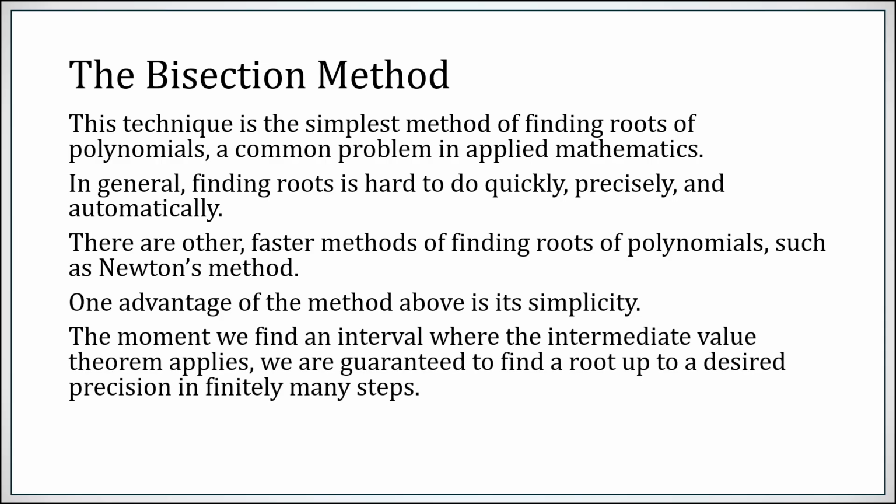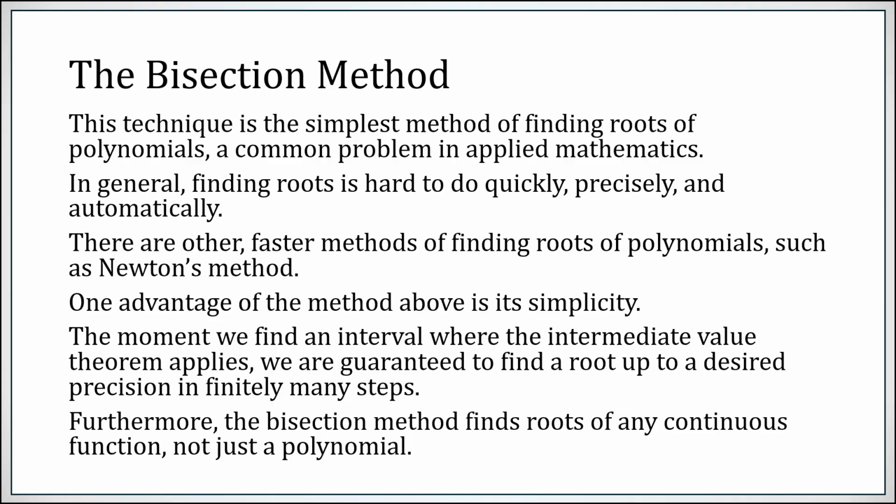So the moment you find an interval where the intermediate value theorem applies, you can just keep doing this, and you can now find a root up to whatever precision you needed, and you will get there in finitely many steps because you're always cutting the width of your interval in half. Furthermore, the bisection method will work on any continuous function, not just a polynomial.